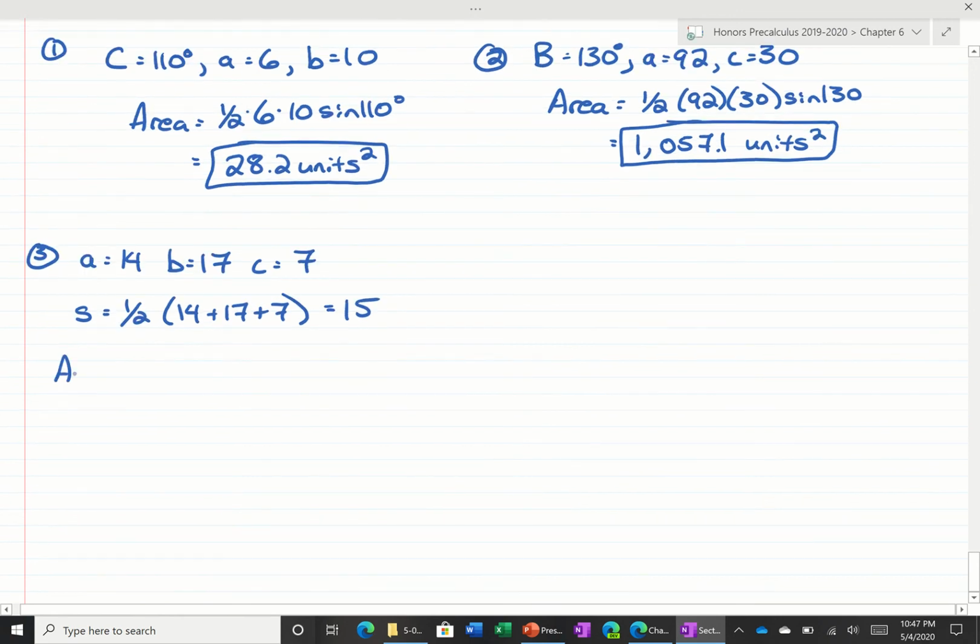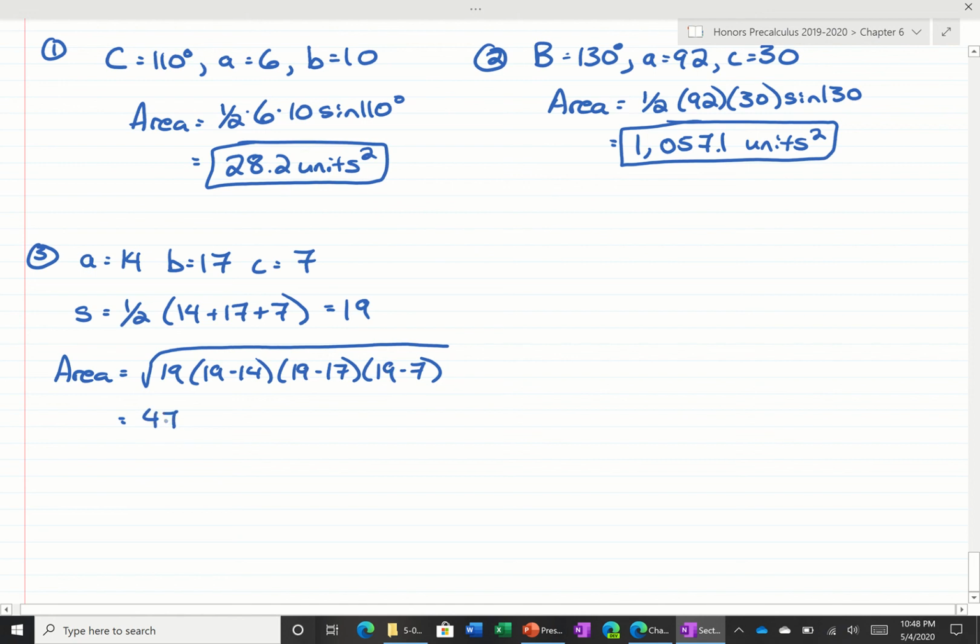And then if we type into our calculator to find the area, we're going to do 19 times 19 minus 14 times 19 minus 17 times 19 minus 7 inside of a square root. If we type that into our calculator, we get 47.7 square units.